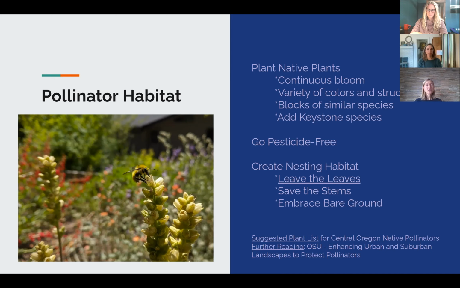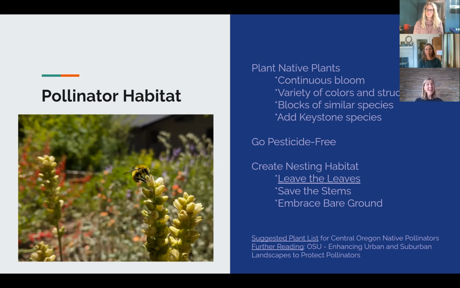And they're actually an incredible resource for our overwintering pollinators. They're a resource for queen bees who will actually dig down below the surface of the soil to overwinter. And if they have an added layer of leaf litter, they are going to stay insulated and protected from the elements, from those really, really cold nights that we get here in Central Oregon.